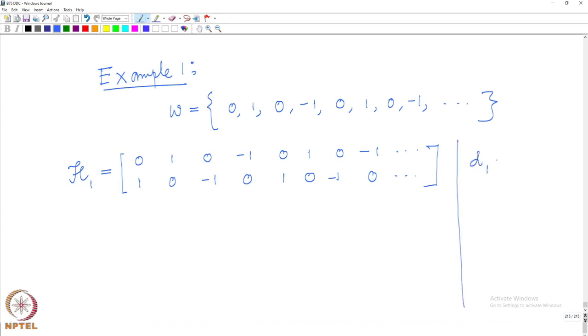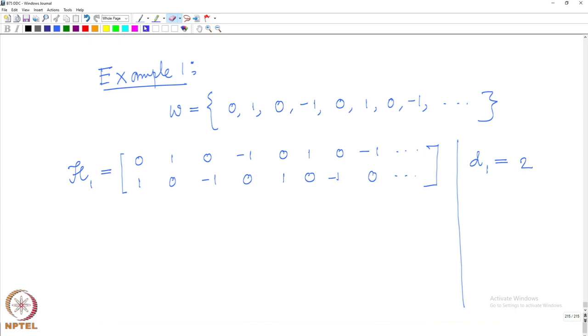What is the rank of H1? Can you tell me? It is 2. You see, I already see one 2 by 2 invertible block here. So, therefore, these rows are certainly linearly independent, both of them are. So, therefore, rank is equal to 2.